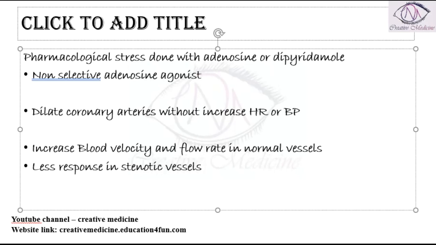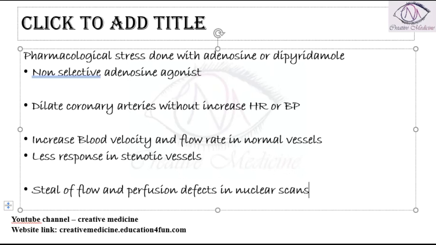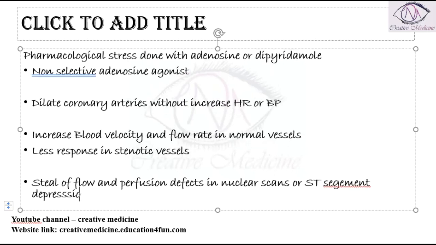This difference in response causes a steal of flow, and it leads to perfusion defects, which appear in nuclear scans, or are reflected as ST segment depression in ECG.